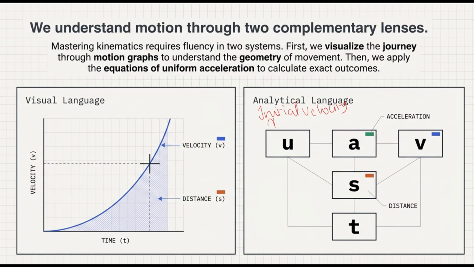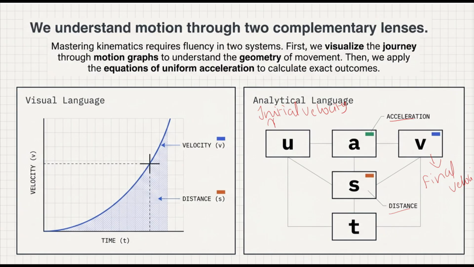And what about a? a represents acceleration, right? v represents final velocity, t represents time, and s represents distance. Using these variables, we can solve motion problems mathematically.